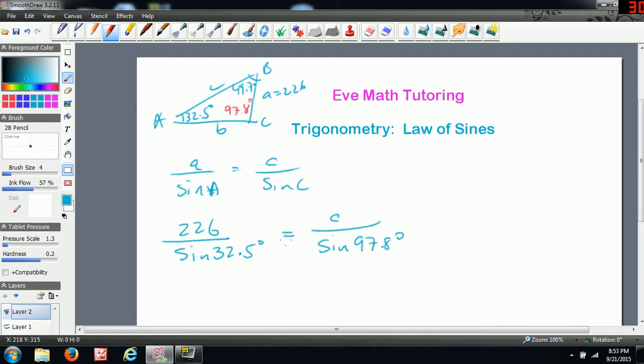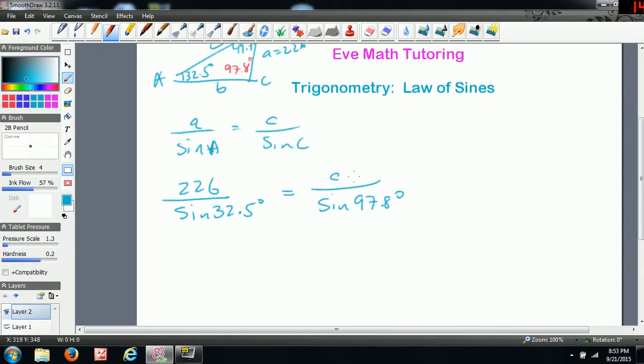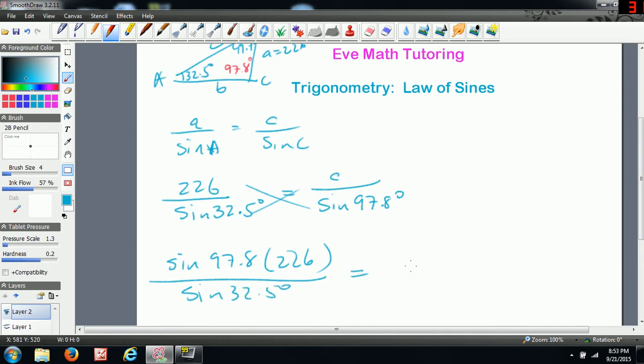Then we can solve for c now. So we're going to cross multiply. Sine of 97.8 times 226 over sine of 32.5 degrees is equal to c.